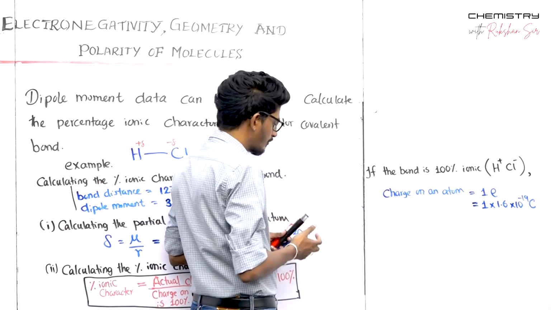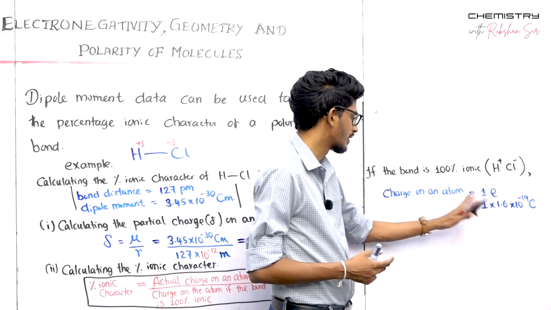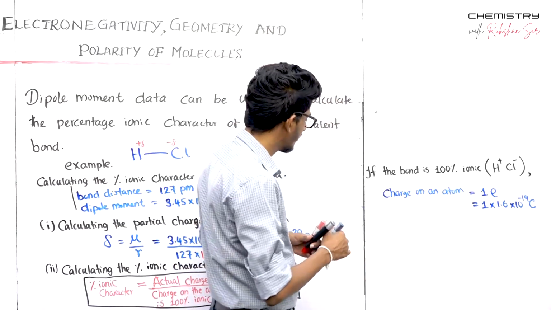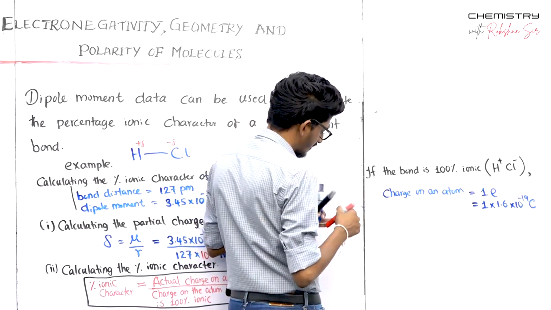So that is the charge on an atom if the bond is 100% ionic. Now we know the delta charge and the charge for a 100% ionic bond, so we can come up with the percentage ionic character.